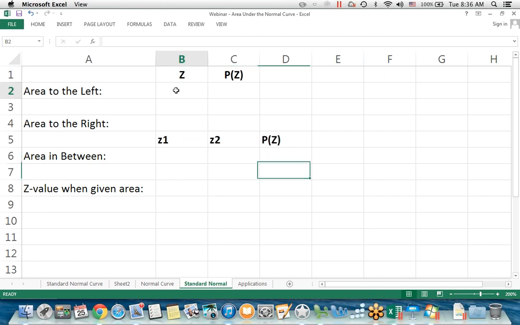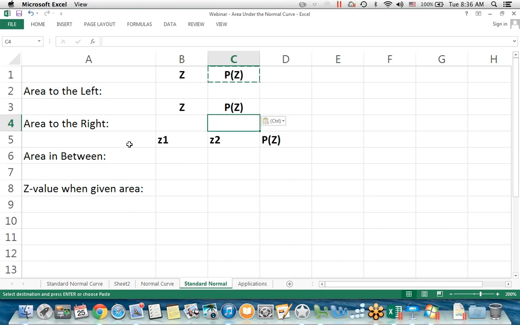All right, let's get to it. So the area to the left. Now here I've set up a table, and in this column I'm going to have my z values. In this column, I'm going to have my probability formula.